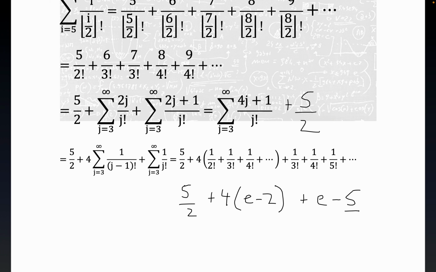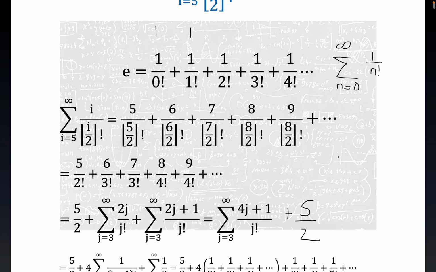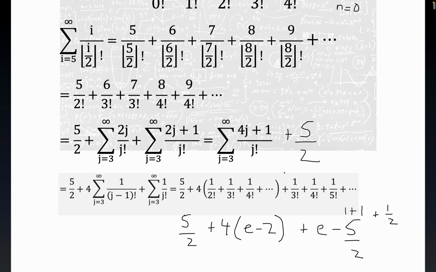And where are we getting that? That's the 5/2, which is 1 plus 1 plus 1/2. And again, folks, I'll just take you back up to here. See right here, we had the 1, and the 1 over 2 factorial term. 1 over 2 factorial is 1/2, okay?